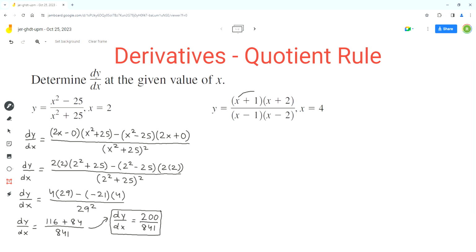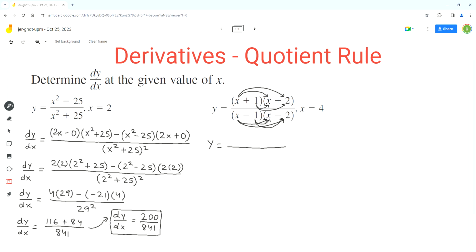So we'll distribute the x in the other parentheses, and then we'll distribute the 1. And we'll do the same thing in the denominator, so x times x, then x times -2, then -1 times x, and then -1 times -2. So first we rewrite the expression after distributing the terms.